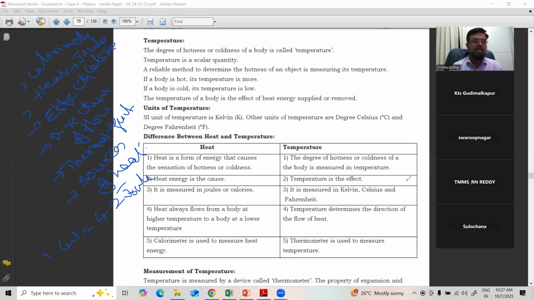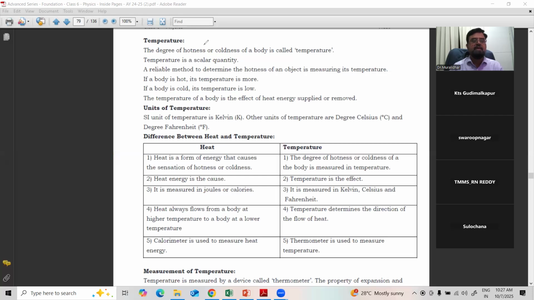First, we have done with what is heat, right? Then we'll move to the second part, that is temperature. Already you know the commonly used word temperature, the degree. Generally temperature is measured in degree Celsius or Kelvin. It is the degree of hotness or coldness of the body, whether the body is hot or cold.